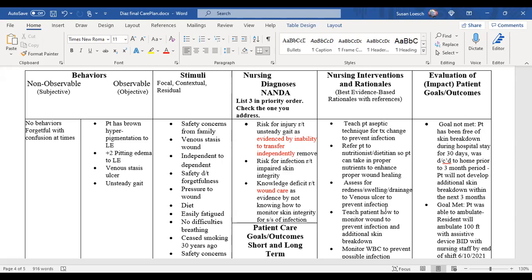You can use risk for fall, because with risk for fall, you can still fall again. But if she had an infection, you wouldn't put risk for infection because she already has the infection. And if you're going to use knowledge deficit in relation to the osteoporosis, it would just be knowledge deficit. It wouldn't be risk for.